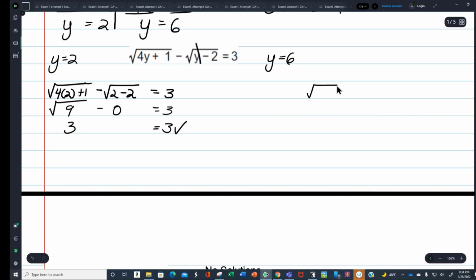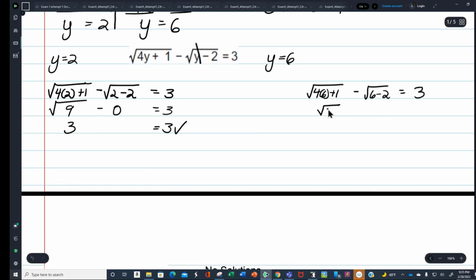The square root of 4 times 6 plus 1 minus the square root of 6 minus 2 equals 3. Well, 4 times 6 is 24, plus 1 is 25.